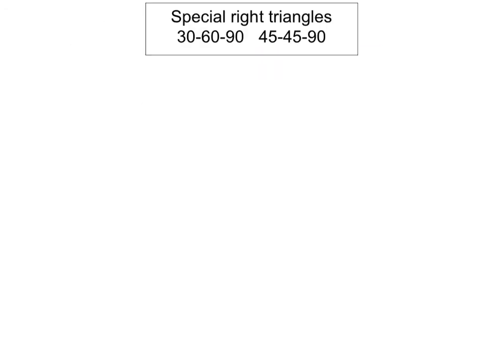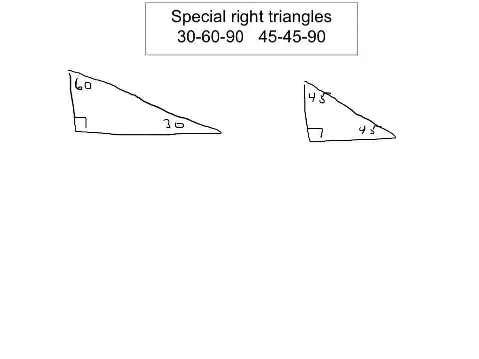You should remember from geometry some very special right triangles and the relationship that the sides have. So I will simply label these and hopefully it will jog your memory. So what you have here is a 30, 60, 90 triangle, and over here a 45, 45, 90 triangle.